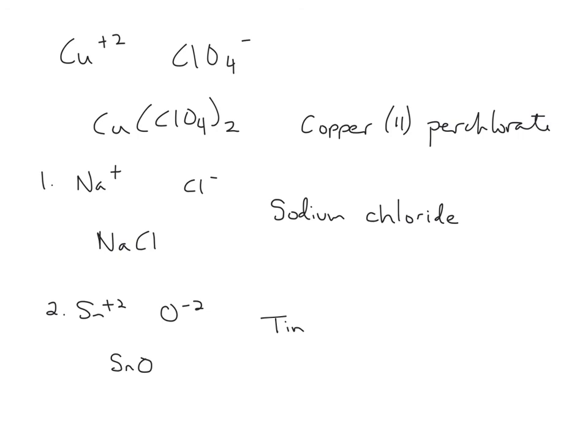However, it can have multiple charges. It can be +2 or +4. So we have to indicate what charge the tin has. Well, tin here has +2. You can see that from the ion. Okay, so we name that tin(II), and we've got a monatomic anion. We take the root of oxygen, ox, and change it to oxide. So the name of that one is tin(II) oxide.